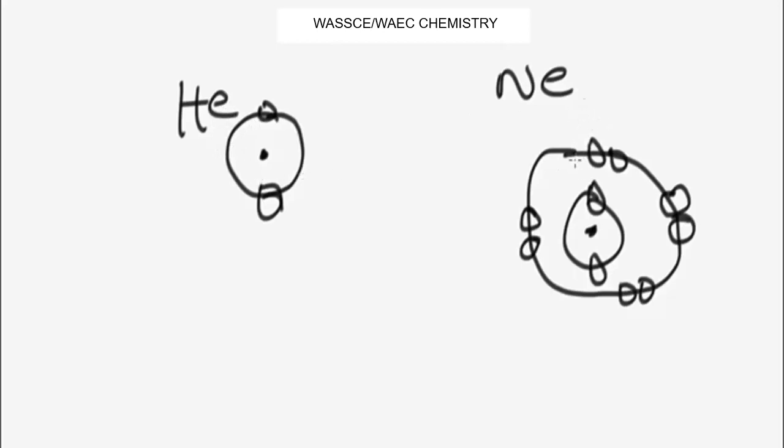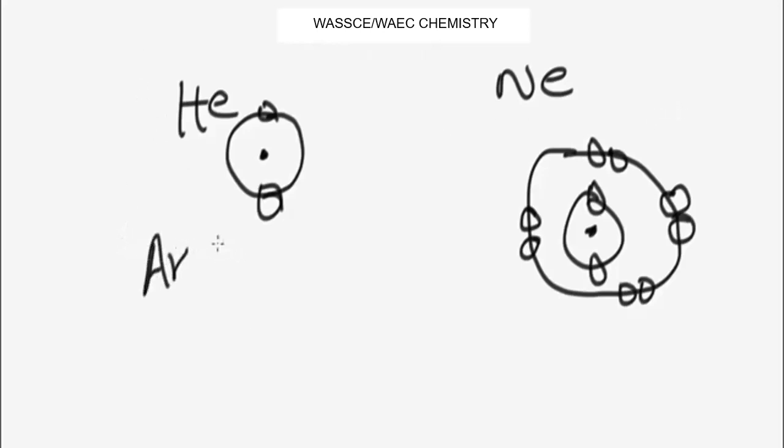Neon has atomic number 10. Out of that 10, 2 will go to the first shell and the remaining 8 will go to the second shell. This second shell is completely filled with 8 electrons. The same thing is applicable to argon.